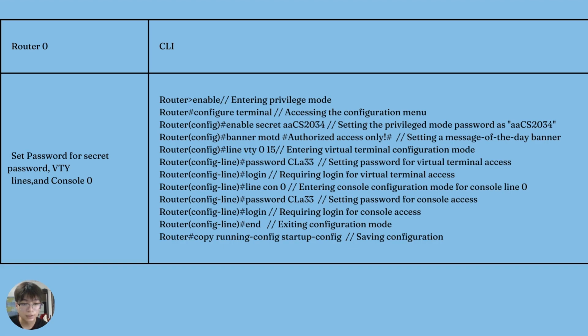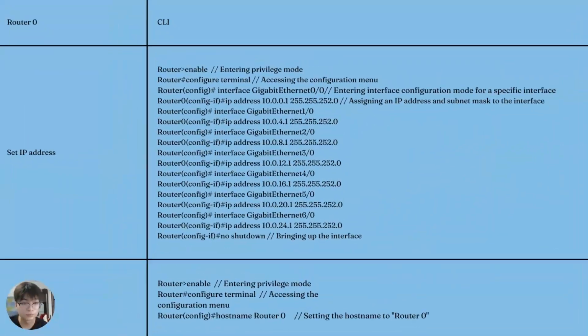Line VTY 0 to 15, entering the virtual terminal configuration mode, password CRA33, setting password for the virtual terminal access, login. Line con 0, entering the console configuration mode for the console line 0, password CRA33, login, and end. Copy running-config startup-config to save the configuration.